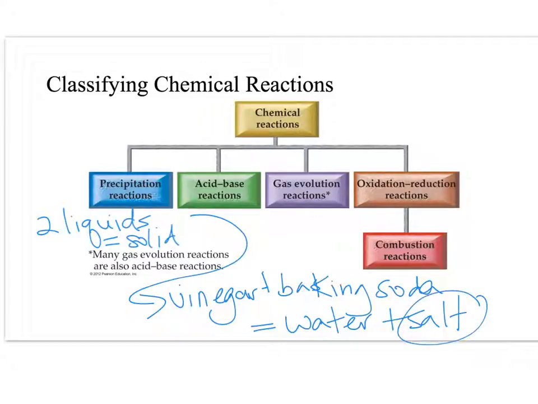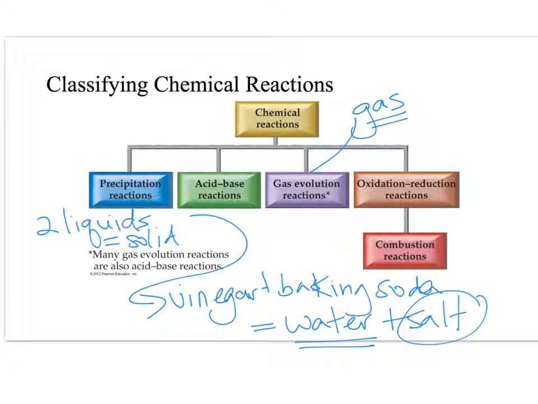Now a salt in this case is going to be an ionic compound, so a metal and a non-metal together, but water is always a product in an acid-base reaction. We're also going to look at gas evolution reactions, and as the name says, a gas is going to be produced and be in the product, so we can look for that.